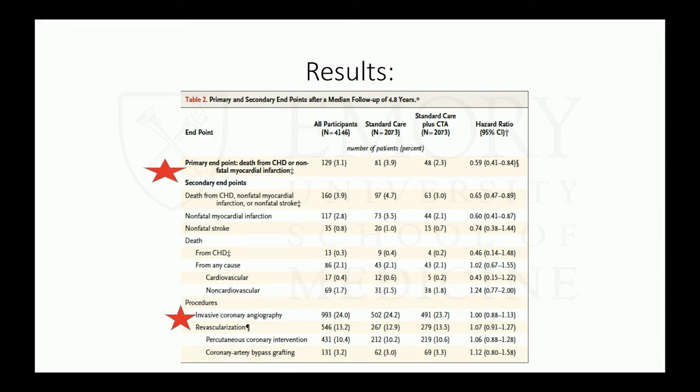The encouraging thing from the CT community, you would say, is that this did show a significant reduction in the primary endpoint of death from coronary heart disease or non-fatal MI compared to standard of care. And after the first 12 months, there was no significant difference in the rates of coronary angiography or revascularization.